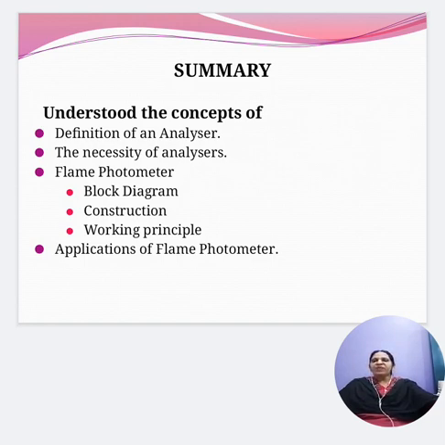They are used for determination of alkali and alkaline earth metals, and for the determination of lead in petrol. They are used in the study of equilibrium constants involving ion exchange resins, and in the determination of calcium and magnesium in cement. So these are the various applications of the flame photometer.